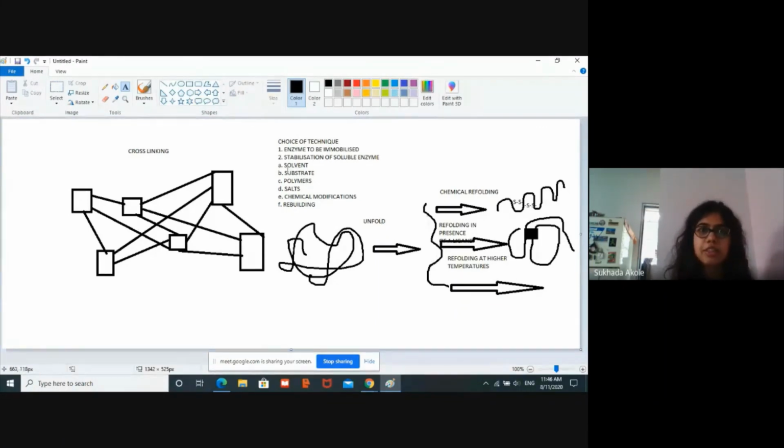Instead of this shape, automatically it is going to fold into any random shape, and sometimes this randomization yields a more stable molecule as compared to the previous enzyme molecule. Correct? Now, why are we dealing with these choices of techniques for stabilization of enzyme? Because we have to mix these two techniques, that is immobilization techniques and these stabilization techniques, so that after we immobilize it, the enzyme will work. Okay.